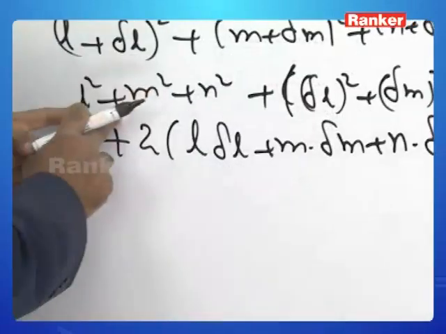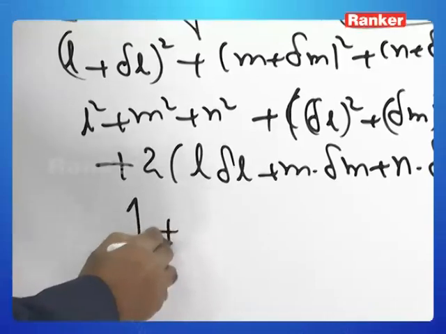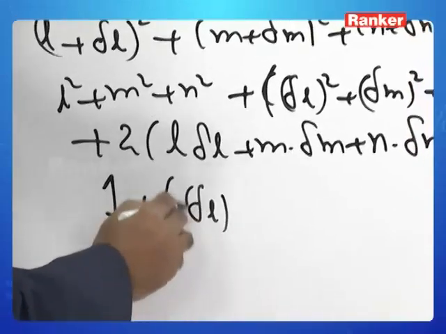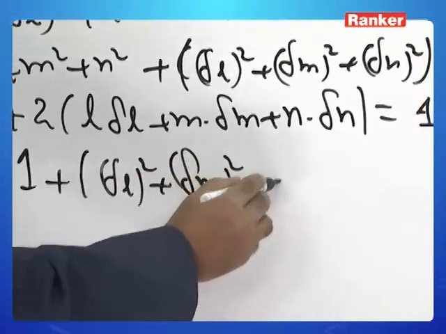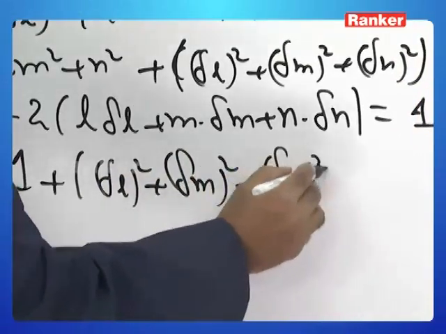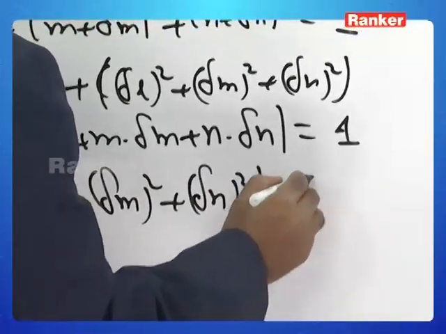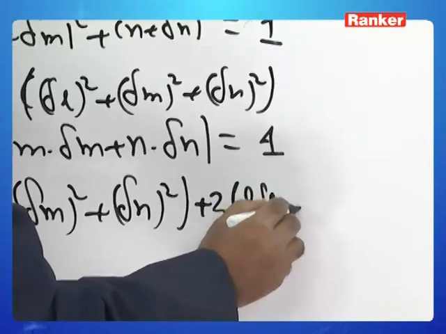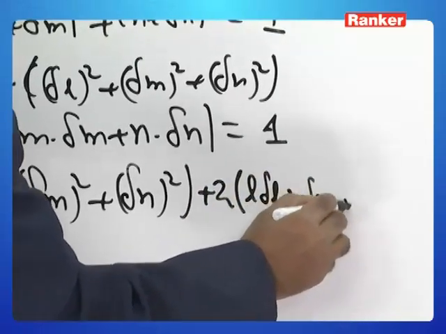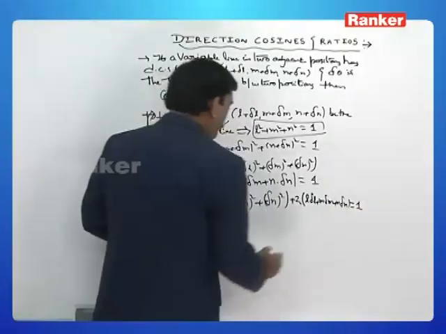But l² + m² + n² is equal to 1. So therefore 1 + δl² + δm² + δn² + 2(l δl + m δm + n δn) is equal to 1.